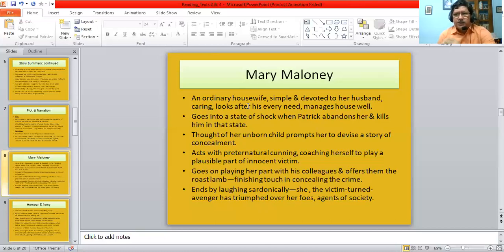And she also befools the other agents of the moral order, the detectives who have been sent on the case, Patrick's police. So really, she ends up by laughing at society and at the agents of the moral order whom she has quite wittily befooled.